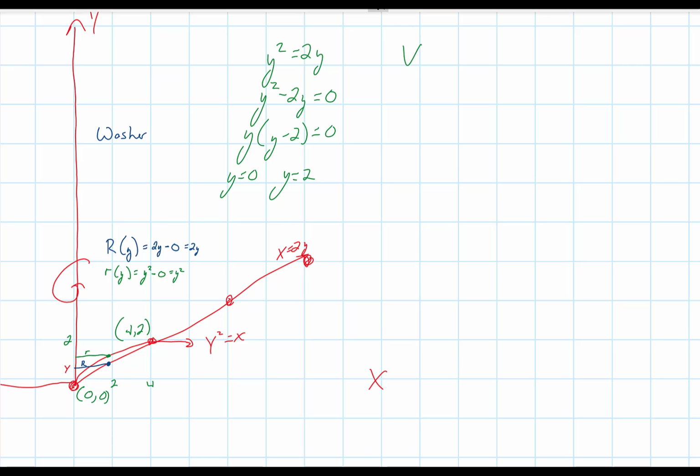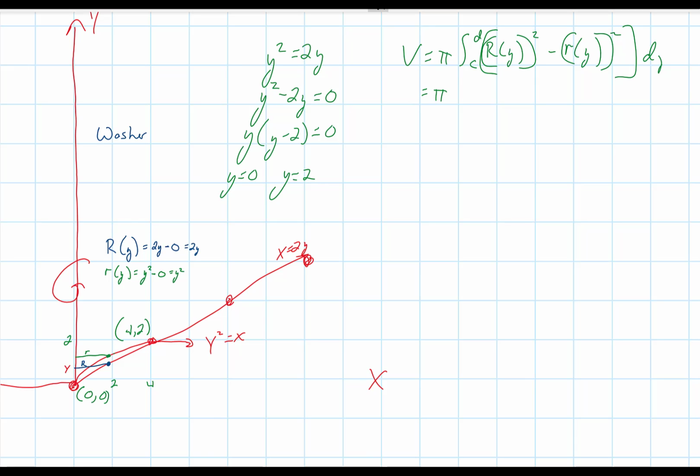So now we're ready to find our volume. So remember the formula for volume. Volume is equal to pi integral from c to d of big R of y squared minus little r of y squared for washers. And all of that's dy, since we're integrating with respect to a vertical axis of rotation.